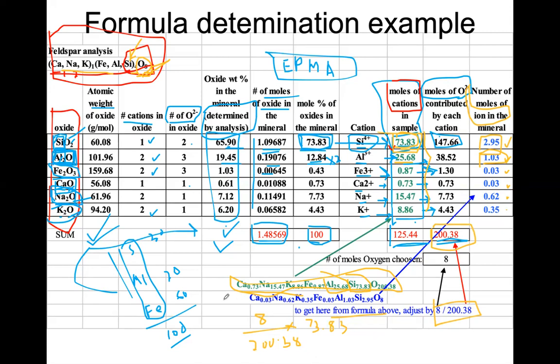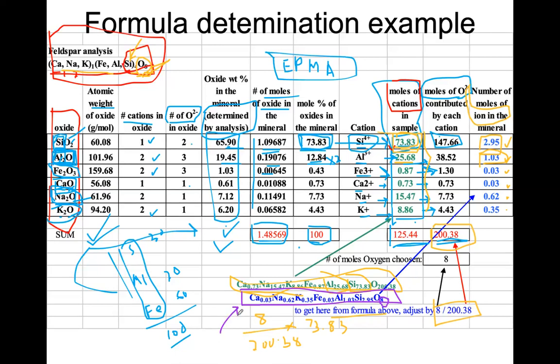So you will finally end up with the formula given like this, which corresponds to 8 oxygens. So remember, this is 8 oxygens. Okay, how many silicon you need? 2.95. Aluminum, this one. So this is the real stoichiometry of that feldspar.